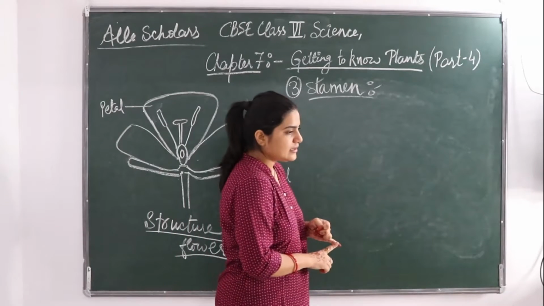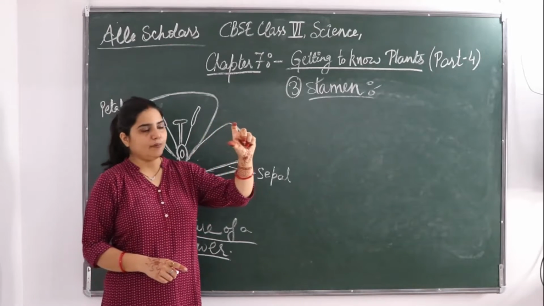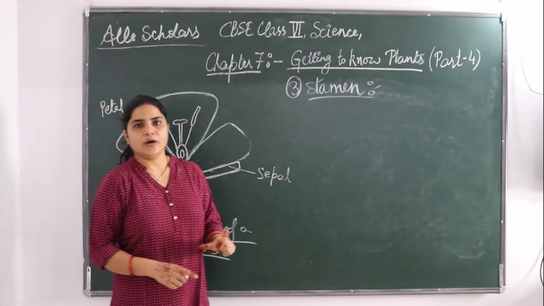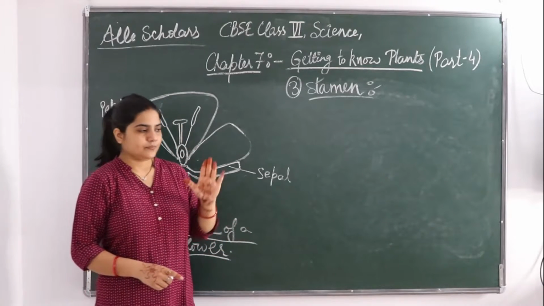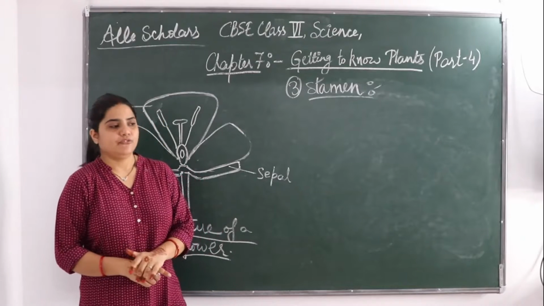A filament is there, and the other part is called anther. The top part is an anther and the lower one is a filament.